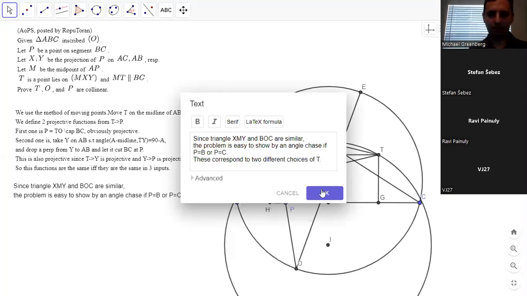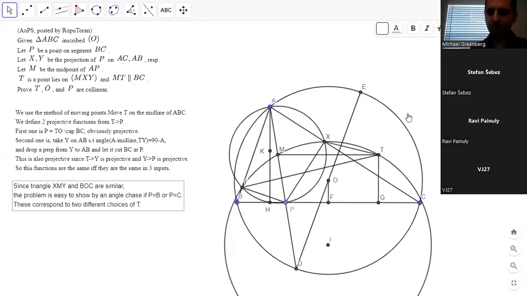And then next we look at if P is the point at infinity.